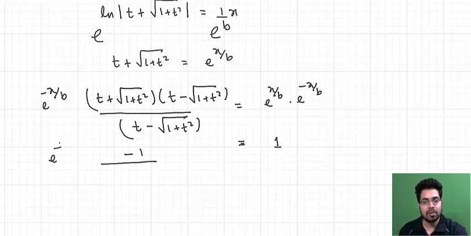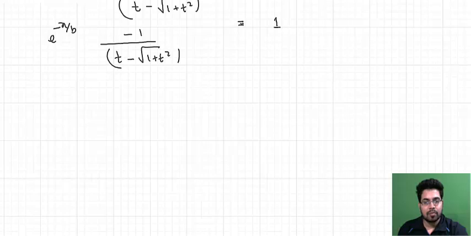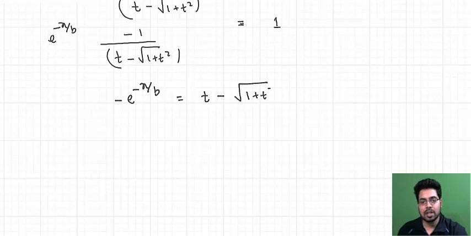Here e to the power minus x by b, and here I am getting t minus root under 1 plus t square. On cross multiplication, I will get e to the power minus x by b is equal to t minus root under 1 plus t square.